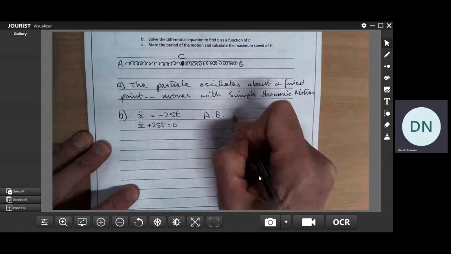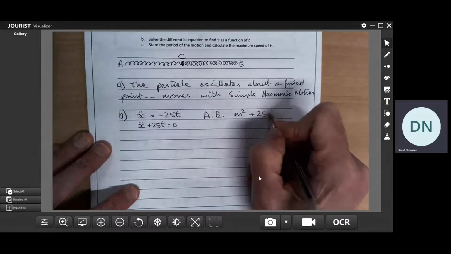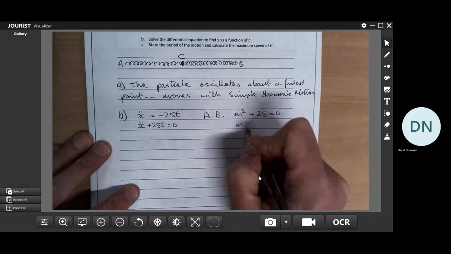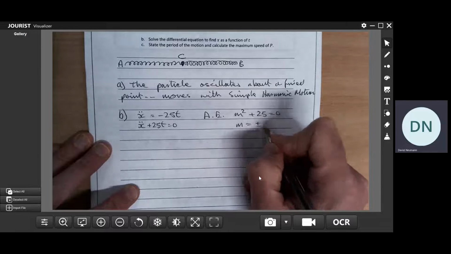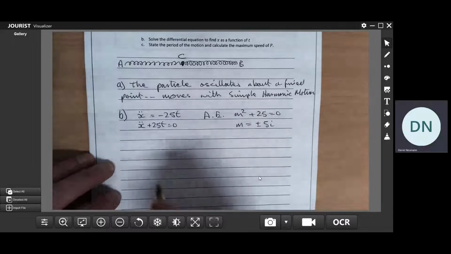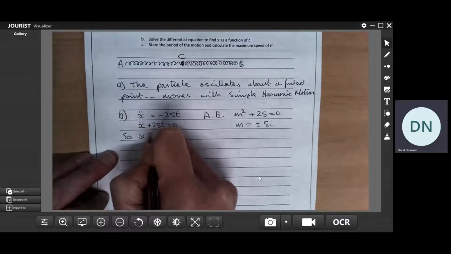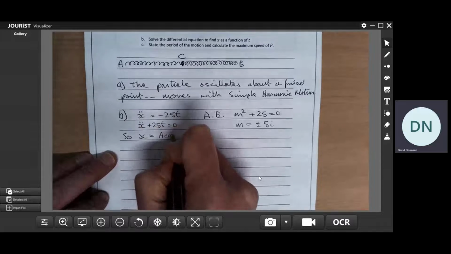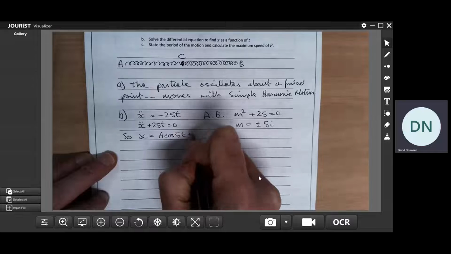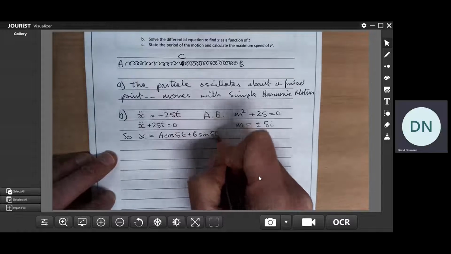Auxiliary equation is m squared plus 25 equals 0. So m is plus or minus 5i. So we've got x is equal to a cos of 5t plus b sine of 5t.